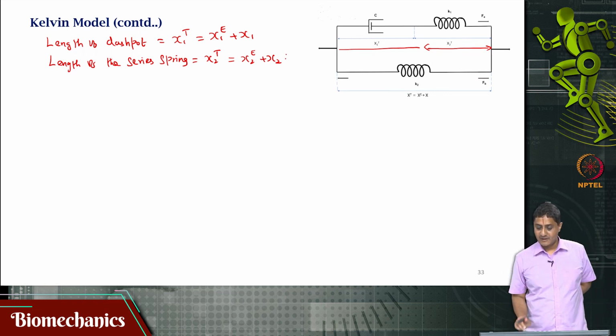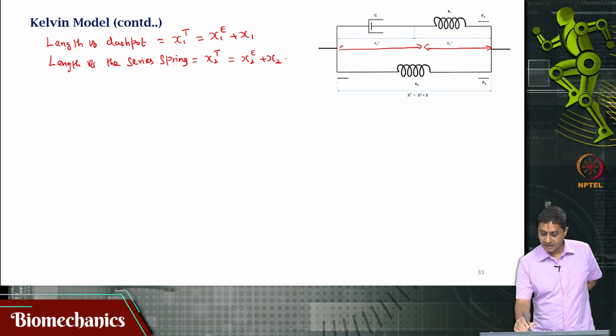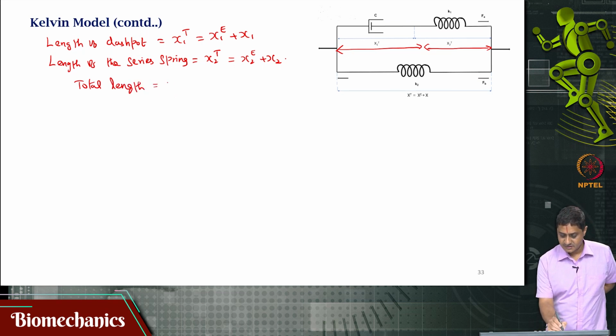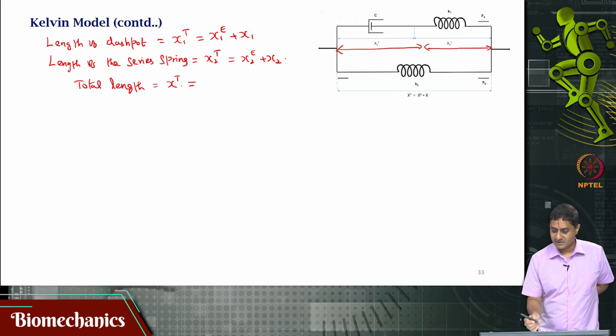Now, what is the total length? The total length is some x(t), and that is x1(t) plus x2(t).